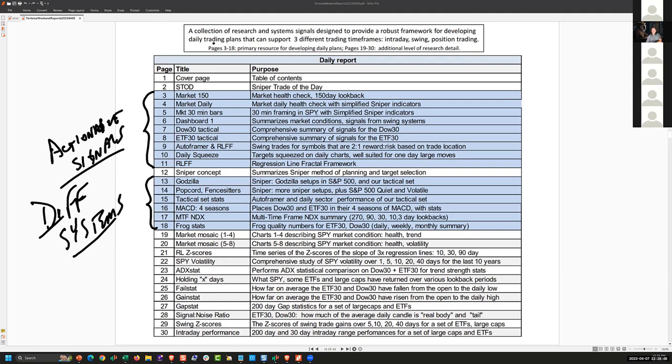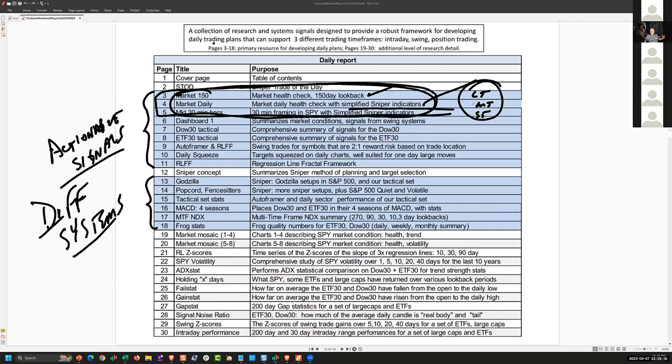Like, I will give you some pictures of these market health checks. And that's just pictures of the S&P 500. This looks at that 150-day look back, the 30-day simplified sniper indicators, and then looking at the 30 minutes. So those are really just to help me understand what the S&P is doing on a long-term, mid-term, and short-term basis so that I get a feel for market location and conditions for the different kinds of trading that I do.